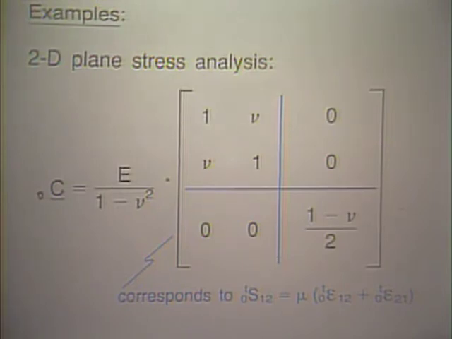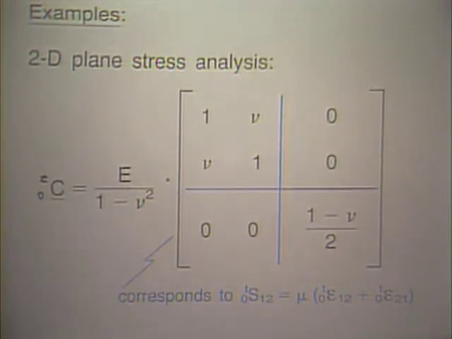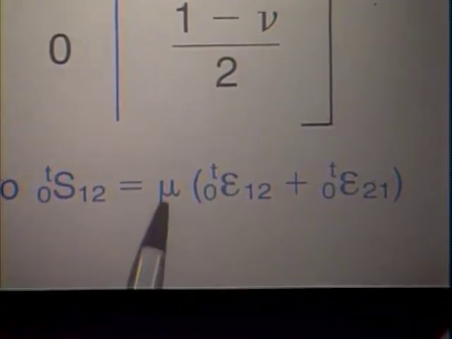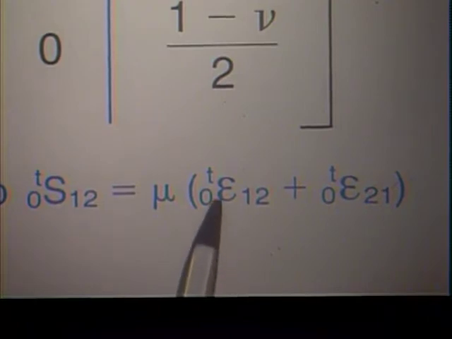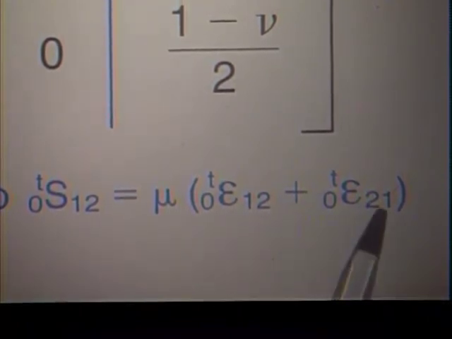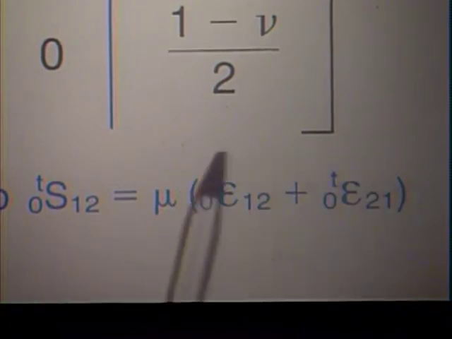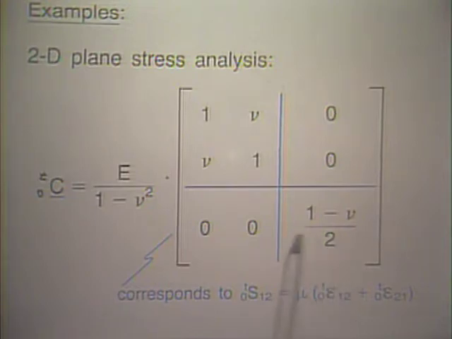So I could very easily put a t up there. And we notice then that the last row corresponds to this relationship here. It's important to recognize that on the right-hand side here, we have the Green-Lagrange strain t0ε12 plus t0ε21. In other words, we take the total shearing strain into account here. And that gives us then this row and that column, of course.